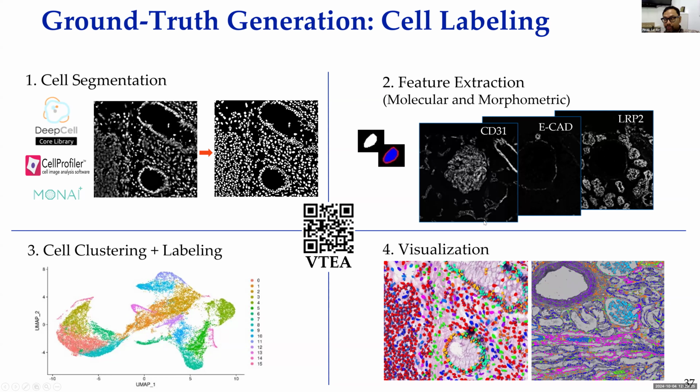The moment the DAPI is segmented, they are all registered. We extract features from all the channels, map them back in 2D to find out what type of cells are there, and depending on marker abundance, we call the cells. So this cell type mapping takes 80% of our time, while the prediction takes 20%. So this is so important.